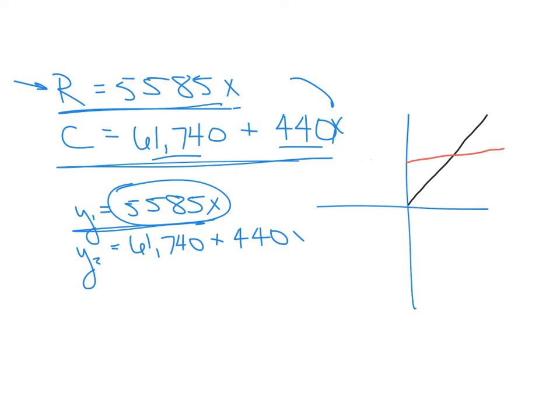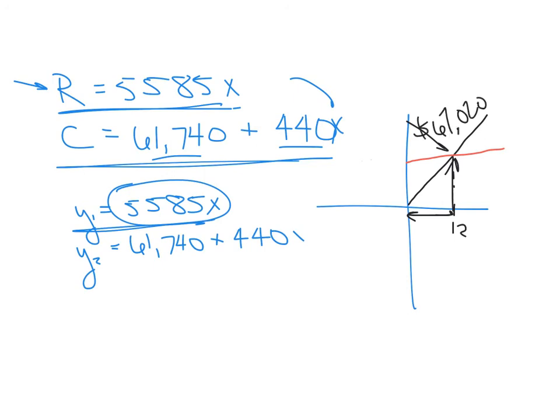The book shows this number being 12, and this number, the y value, how far up we went, they have as being around 67,020.